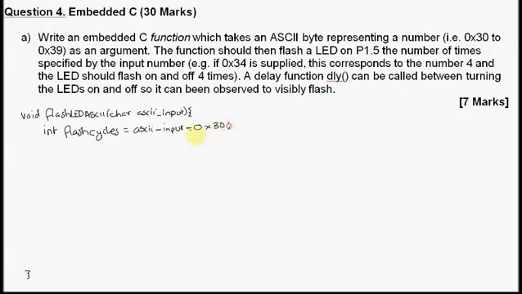So we're subtracting 0x30 from that, and that will give us the remainder. So if we subtract 30 in hex from 34, it'll give us 4, which is the number of times we want to flash on and off.